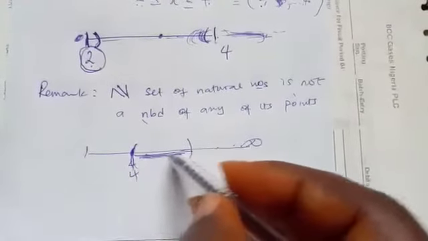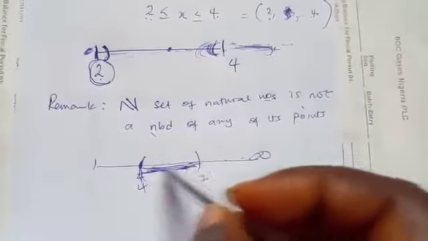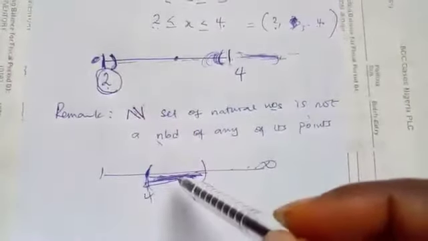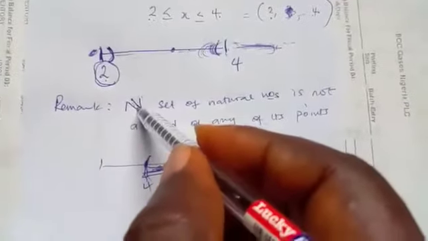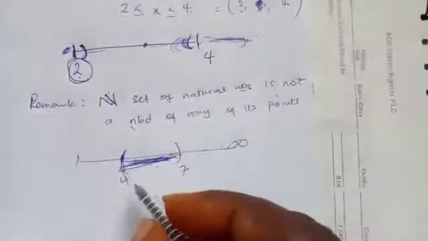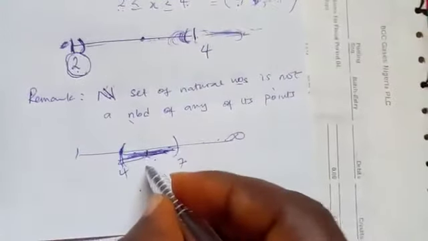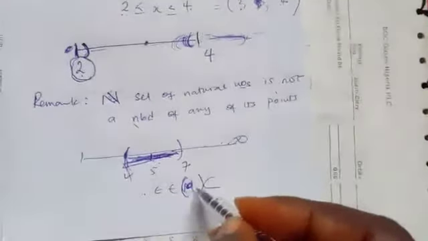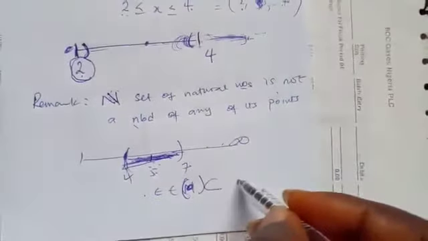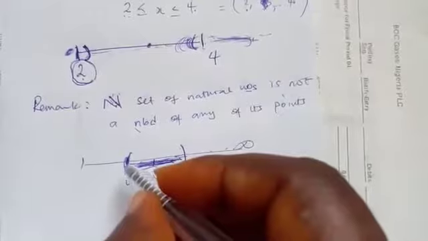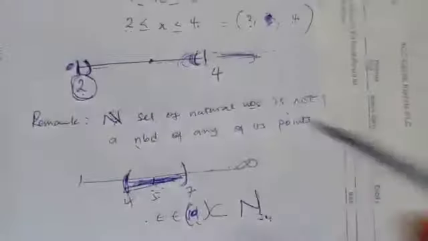There will exist infinite real numbers in this place, and there's no way a real number will be a subset of N. For N to be a neighborhood of its point, we must have that whatever element we pick, let me say I pick 5, 5 must belong to an open interval that contains the 5, and that open interval must be a subset of N. But the open interval we are considering here contains infinite real numbers, and there's no way real numbers can be a subset of N. That is the reason why the set of natural numbers is not a neighborhood of any of its points.